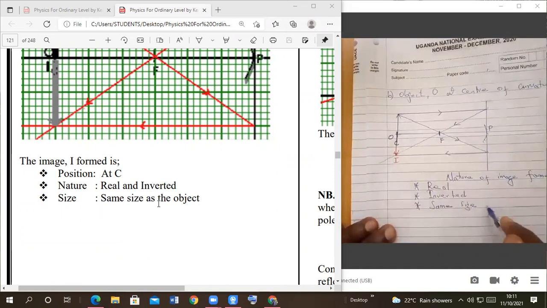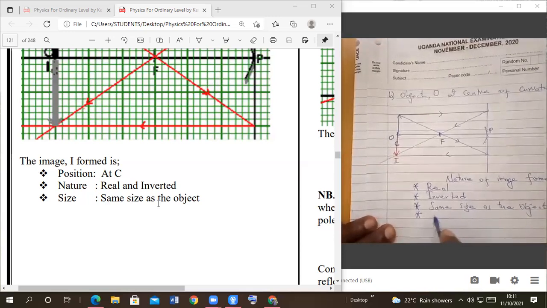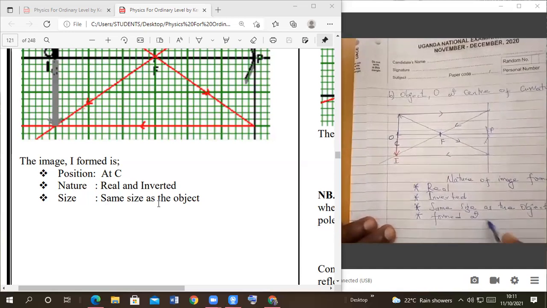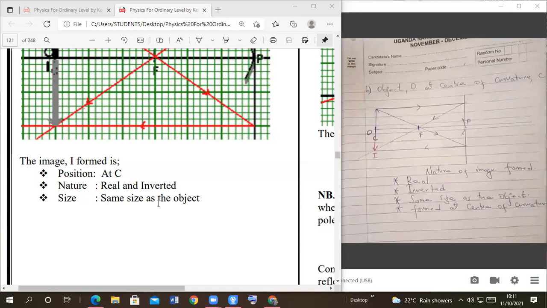Same size as the object. Then the last one is formed at what? What is the position? At the center of curvature. That's how you determine the nature of the image formed.